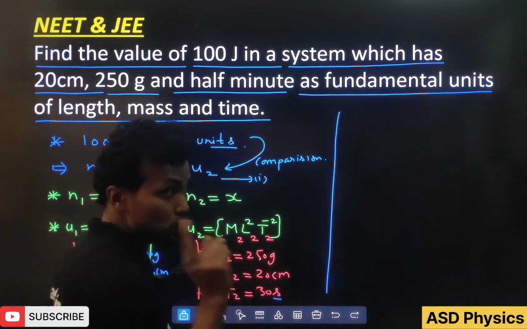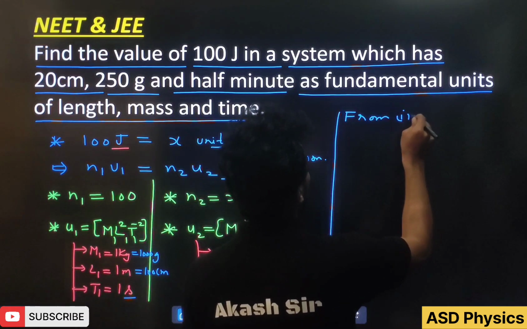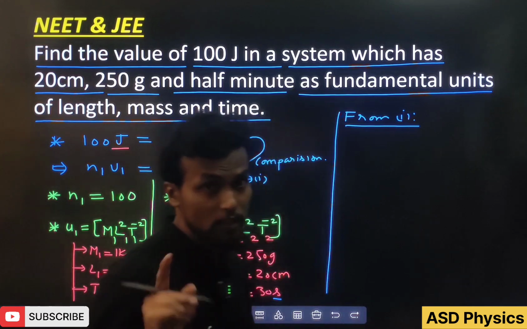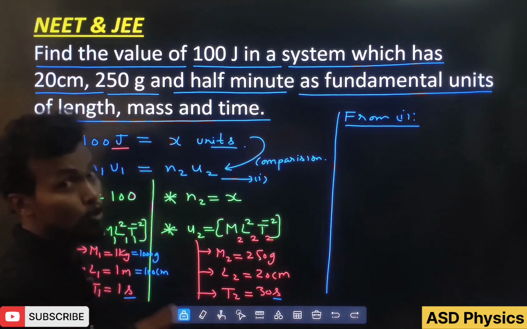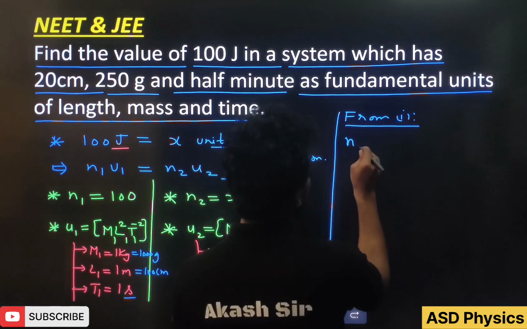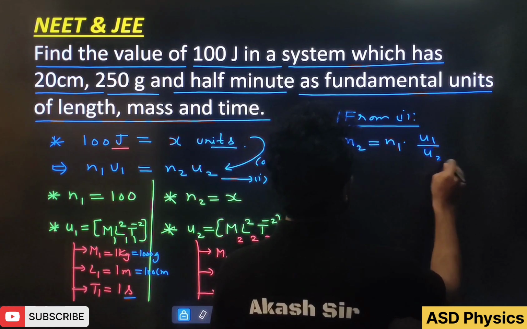After that, if I call this equation 1, it is very easy. From equation 1, what do we have to calculate? We have to calculate X, and X is N2. So we will make N2 the subject. It becomes N2 equals N1 times U1 by U2.